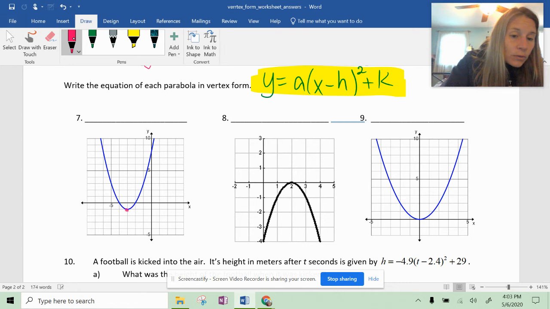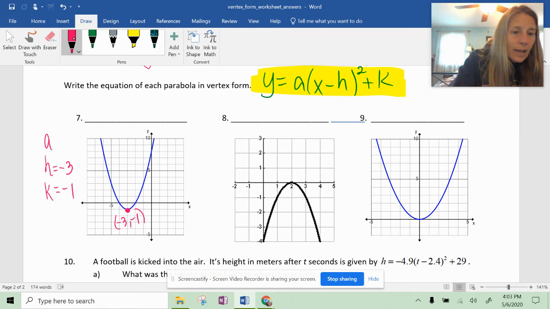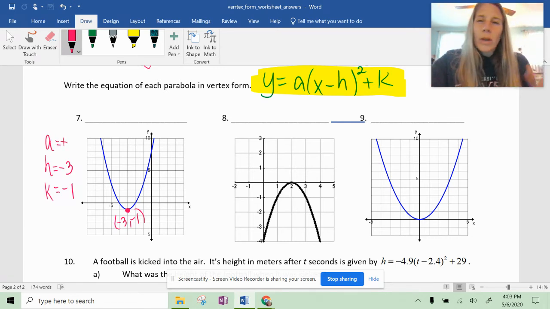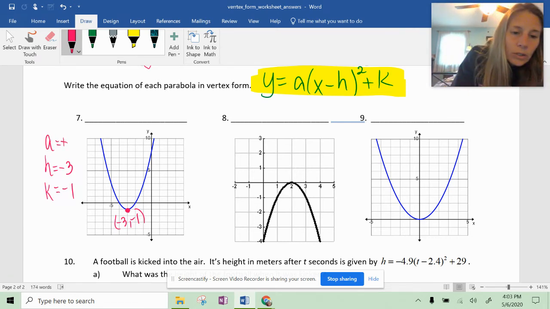So the vertex for this graph here is negative 3, negative 1, right? So we know the h is negative 3, and we know the k is negative 1, but the a value, well, we know since this opens up, the a value is positive, but what number is it? So what you want to do is go over one box and find that point.